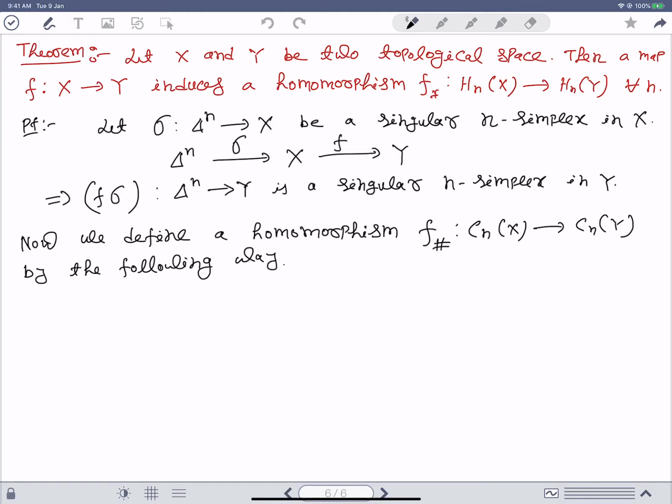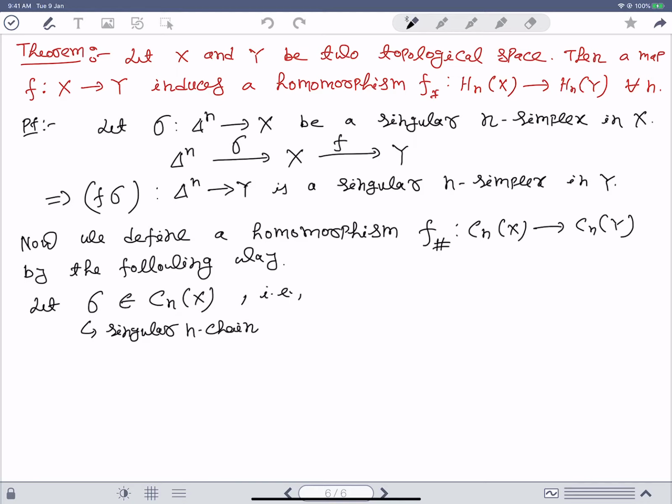Now we have to define a homomorphism, right? So we have to choose one element from Cn X, but we know that the element of Cn X is a singular n chain. Now let sigma belong to Cn X. Note that sigma may not be a singular n simplex. So it is a singular n chain. There is a difference between a singular n chain and a singular n simplex, right?